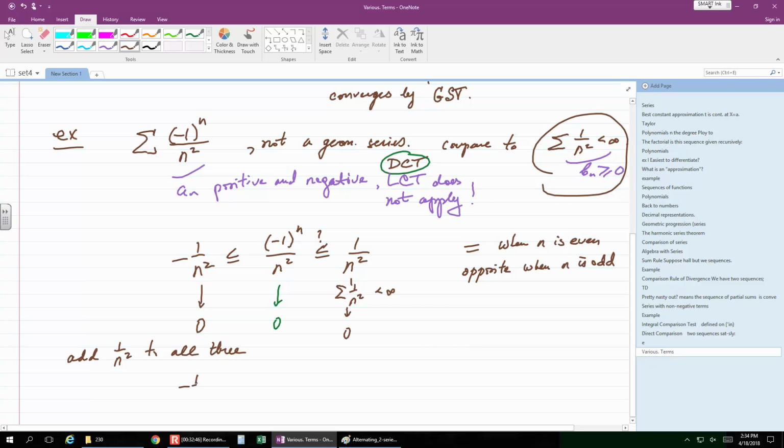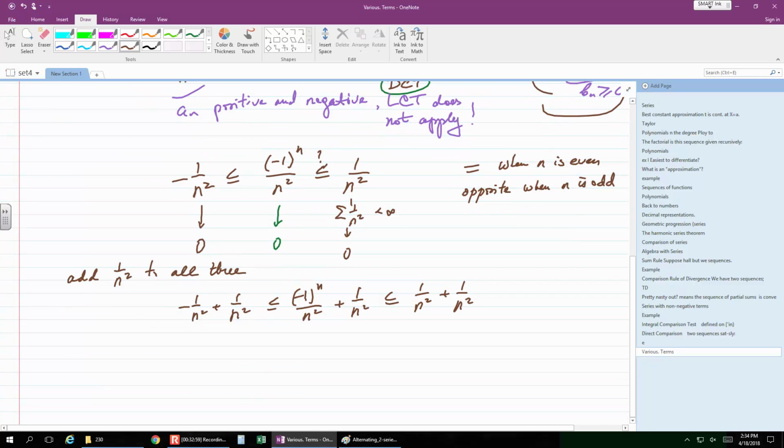So -1/n squared plus 1/n squared is less than or equal to (-1)^n/n squared plus 1/n squared, less than or equal to 1/n squared plus 1/n squared. I added one term to all three parts. Things simplify significantly on the left. It is simply 0. And on the right, it is the same thing repeated twice, so it's twice 1/n squared.